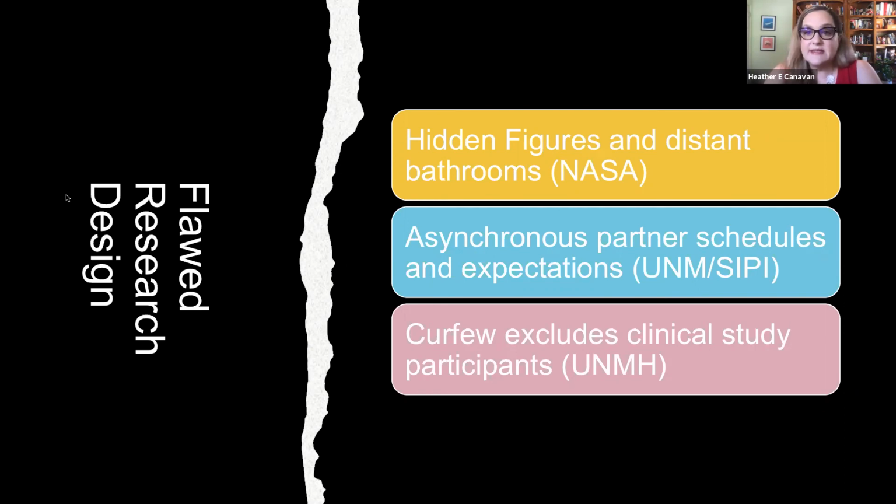And there's a famous scene in this movie where one of the computers has to run all the way across campus and then run all the way back every time she needed to use the restroom, because this was during the segregation era. And so her supervisor was extremely frustrated because she was missing for so much of the day. That's not an accurate portrayal.